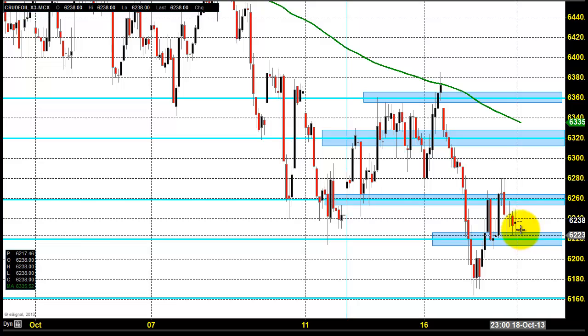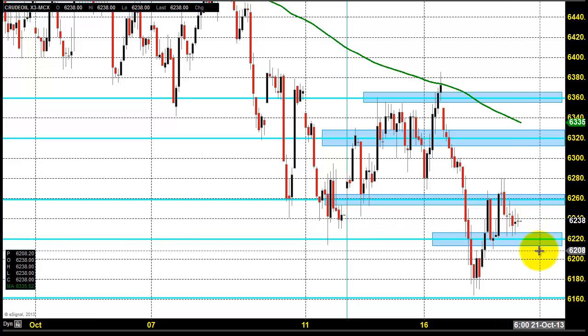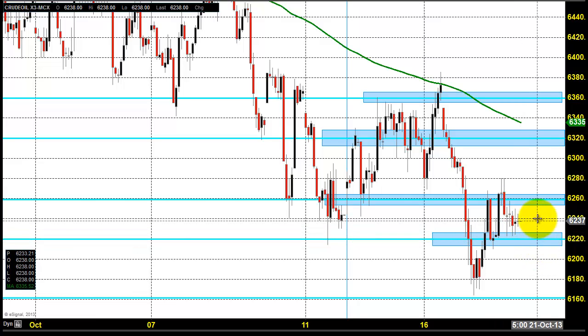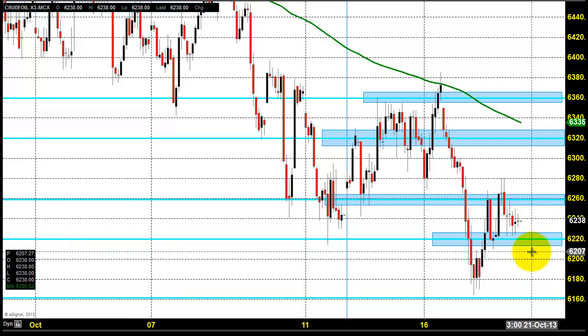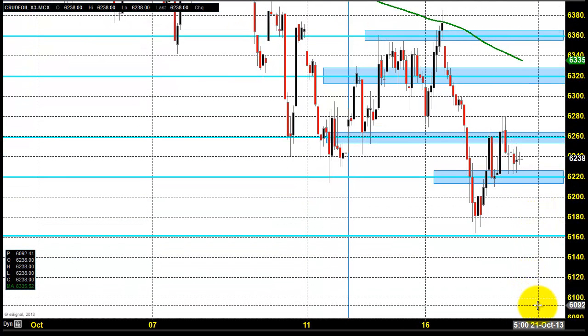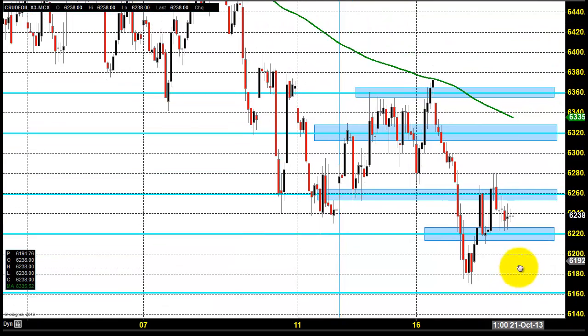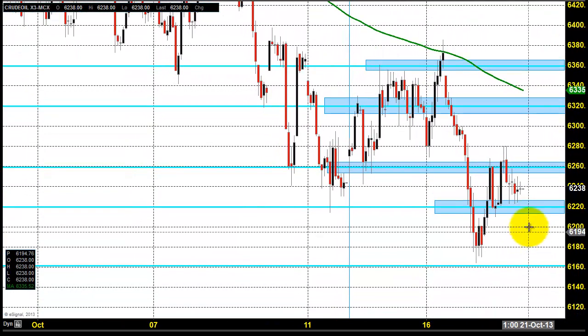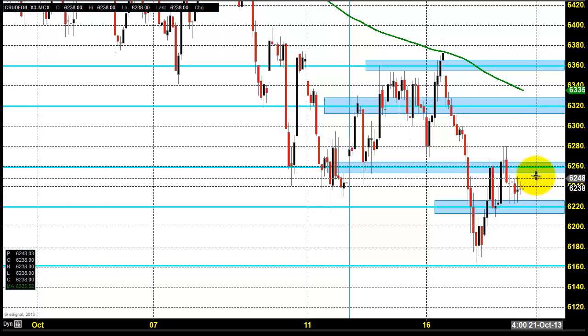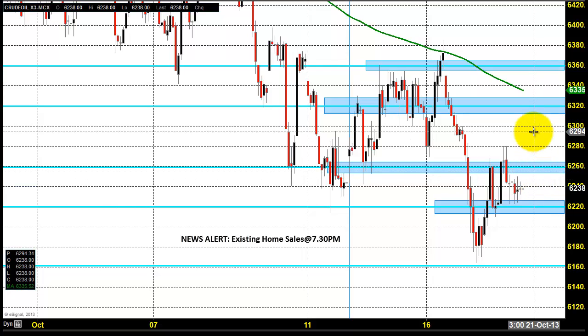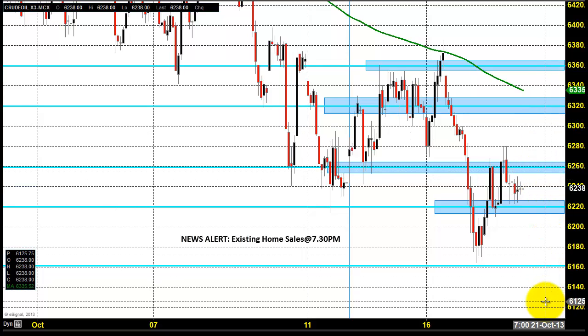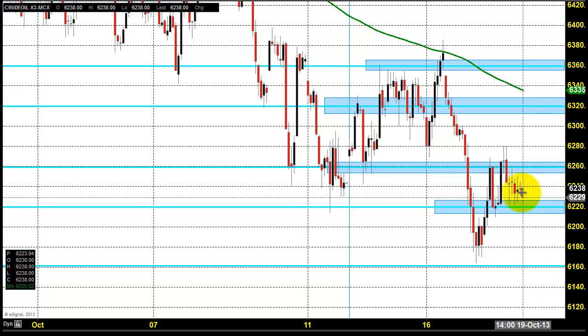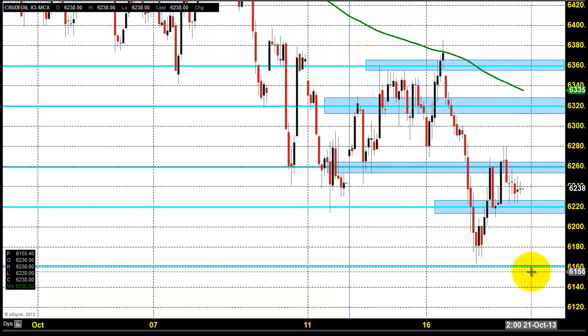If there is continuous selling in the crude oil market within today, the price will break 6220 and look to create a new low, possibly around 6100s. If there is any failure to stay above 6260, you will be seeing the 6100 zone. So these are the possibilities for selling.